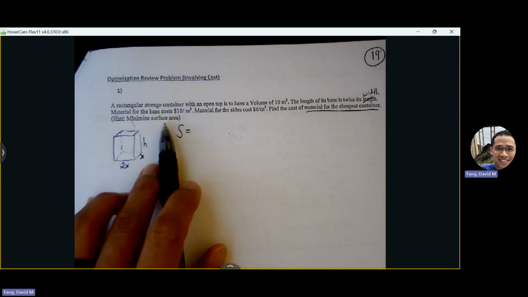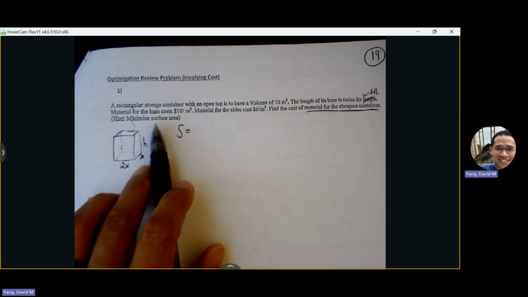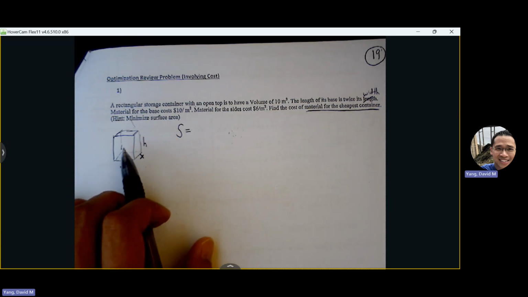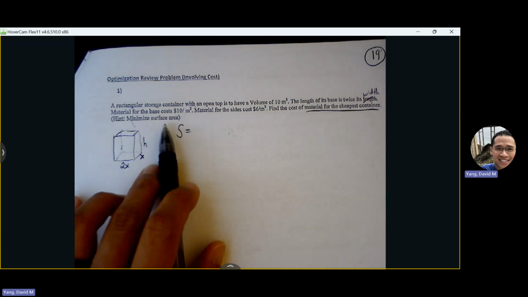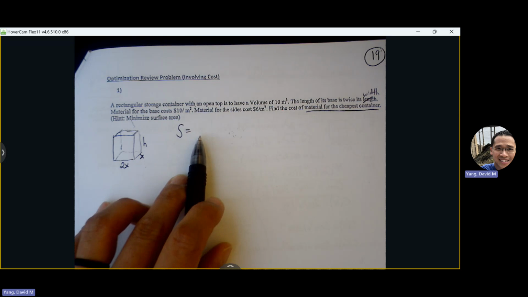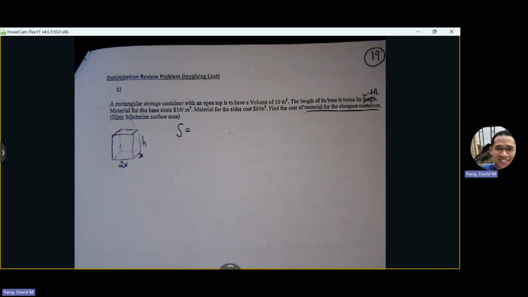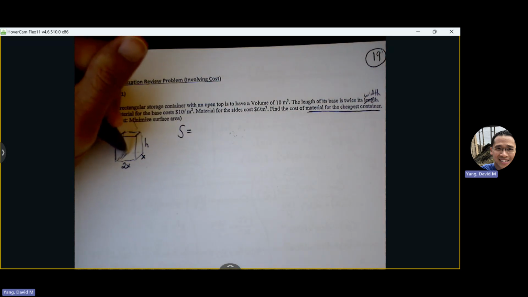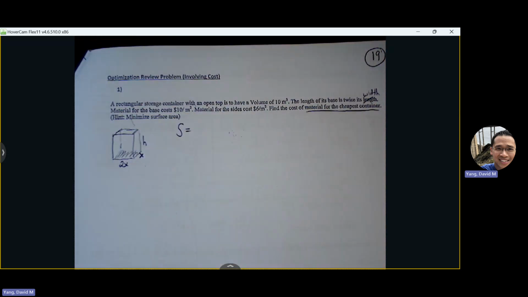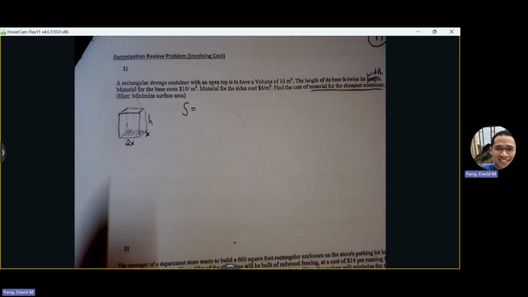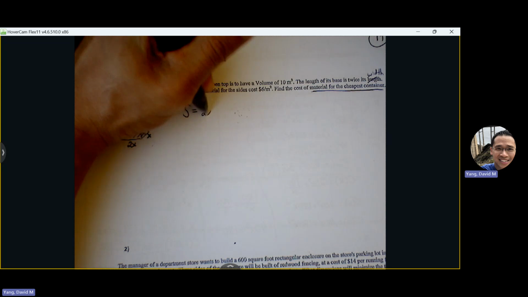This is not something that I want you to memorize. I just want you to build it step by step. There's 5 rectangular surfaces, and you're just going to be adding up the areas of each of those surfaces, and that's your surface area. Okay, so let's start with the base. What's the area of that base? Yeah, 2x times x, which is 2x squared.